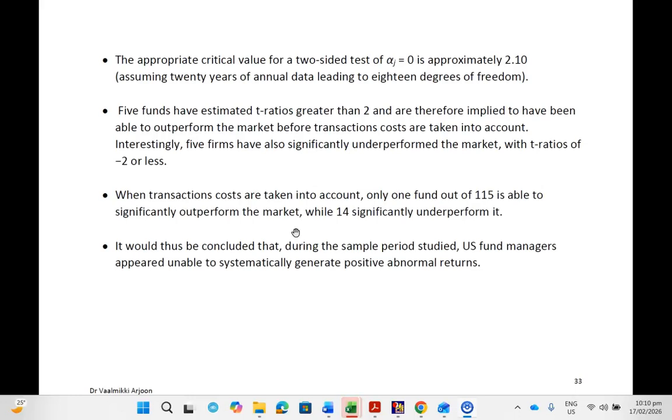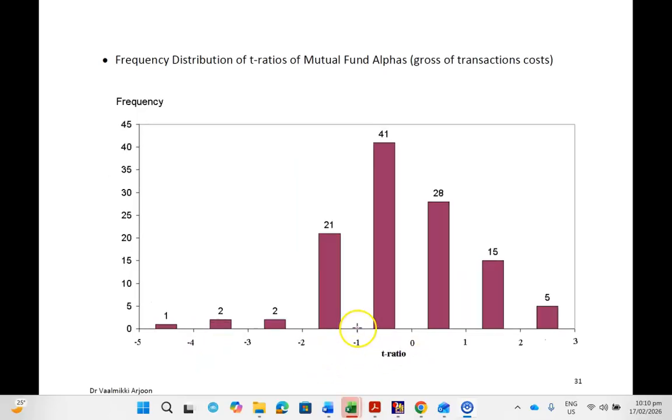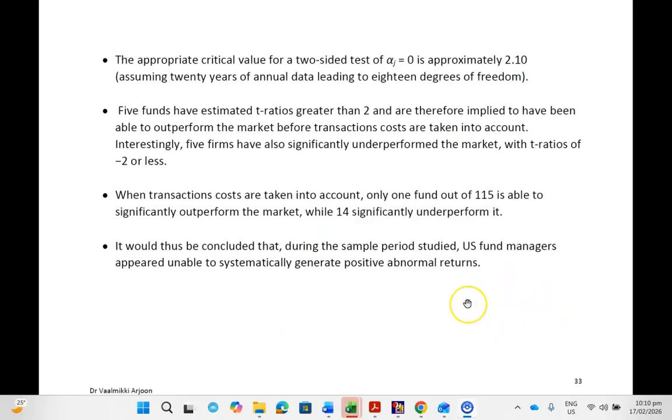Only 5 funds have t-ratios greater than 2. According to this, only 5 of the mutual funds here have t-ratios greater than 2, and are therefore implied to have been able to outperform the market before the transaction costs are taken into account.